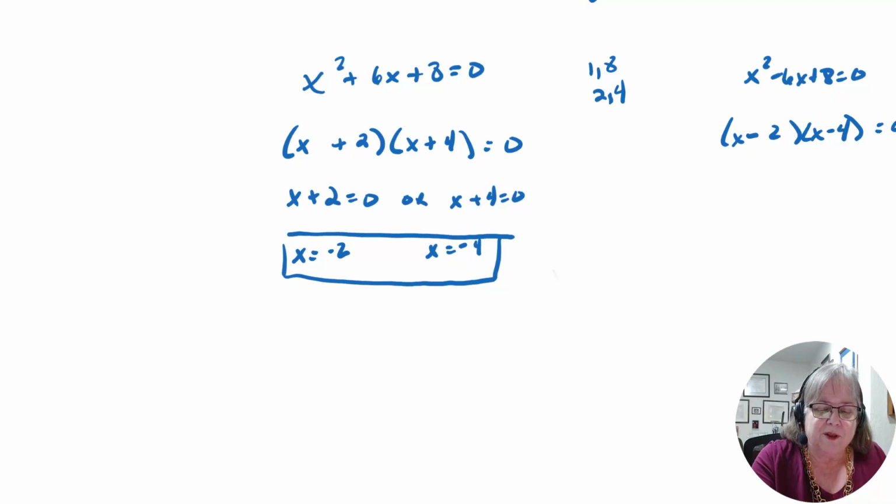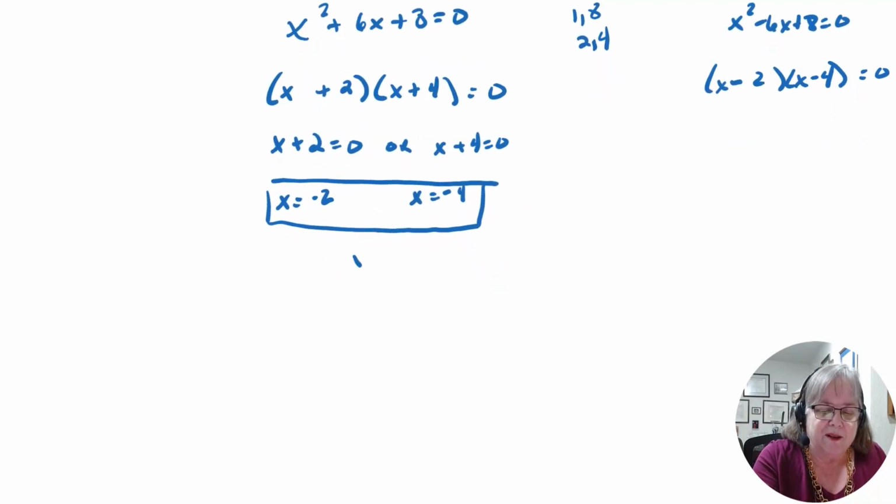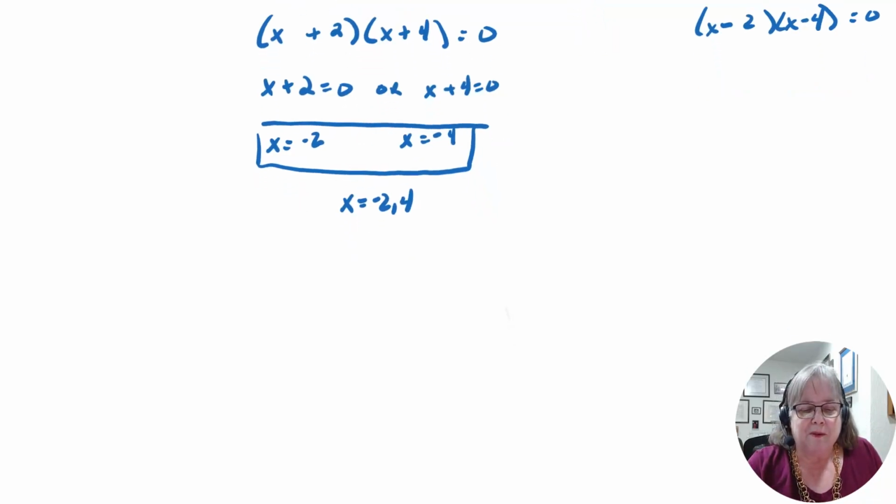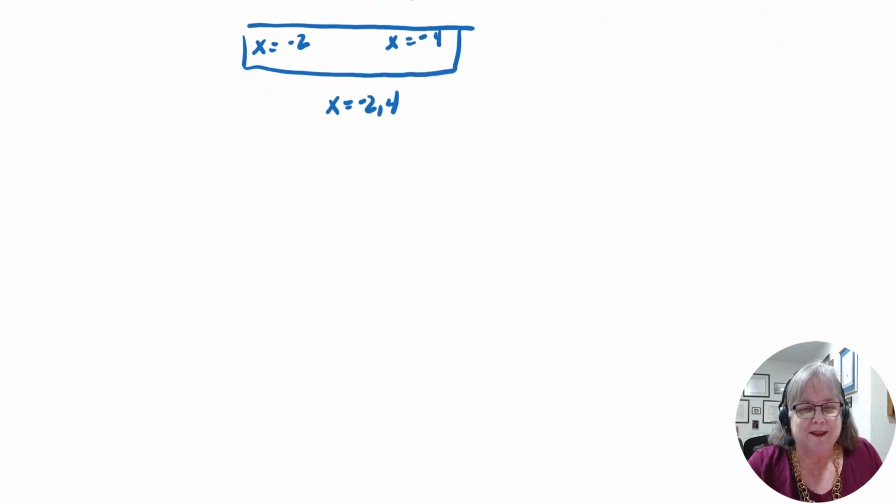Now, your teacher may want you to say x is negative 2 and 4. The computer may have you do it a particular way if you're doing computer homework. You know, I tease people all the time, and I tease my students, and it's actually true, but it sounds kind of mean, okay, which is the person or thing with the red pen wins, okay?